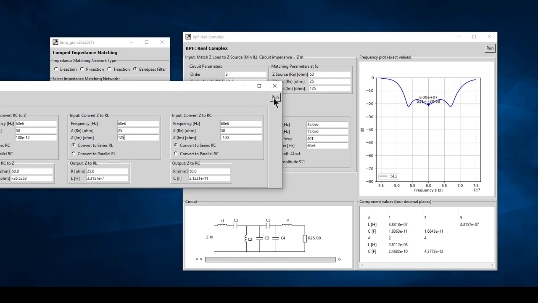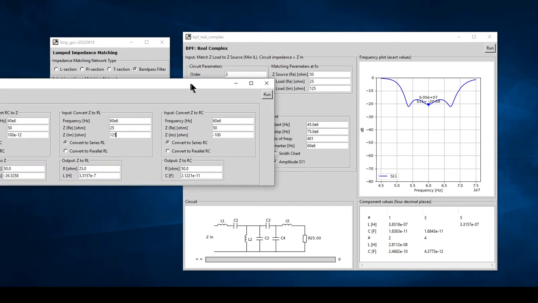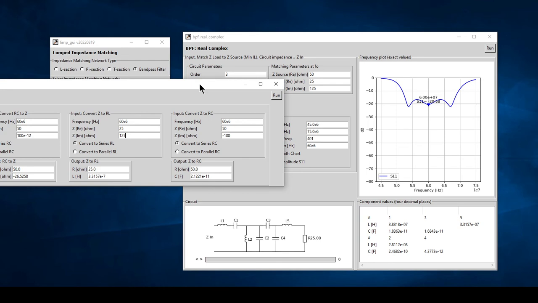Right, so let's run that, and let's have a look at what we have for the matching network inductor value L5. So there we have a value of 331 nanohenry, and our load inductance value is also 331 nanohenry. So that's going to be exact absorption. So the inductor of your load is exactly absorbed by the inductor of your filter matching network.